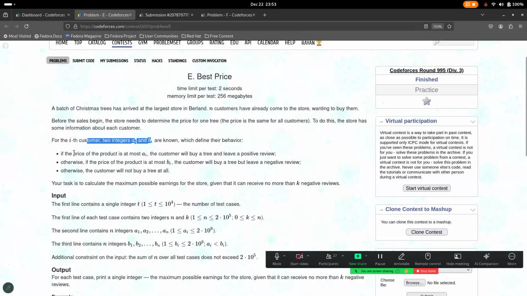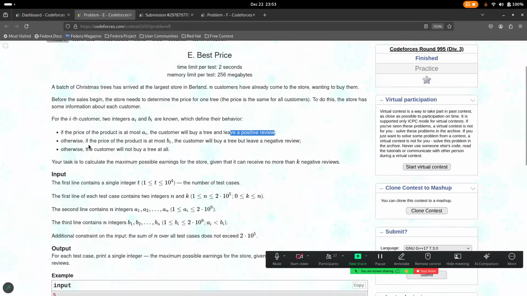And what you do is, if you fix the price, and if the price is less than or equal to A of I, that is at most A of I, then that customer will buy that tree and he would leave a positive review. Positive reviews don't really affect this problem much. But if the price is greater than A of I, but less than or equal to B of I, the customer would still buy the tree, but he would leave a negative review for the purchase.